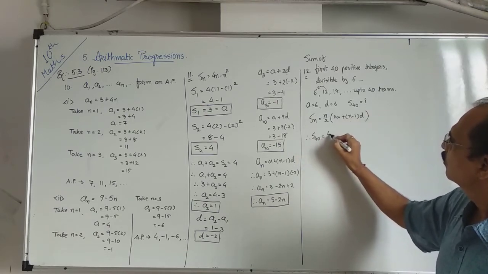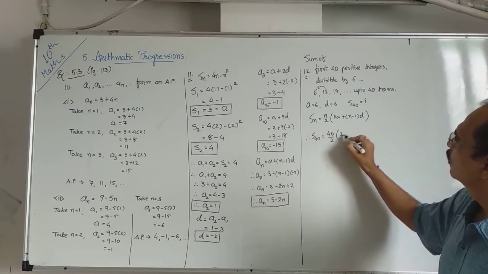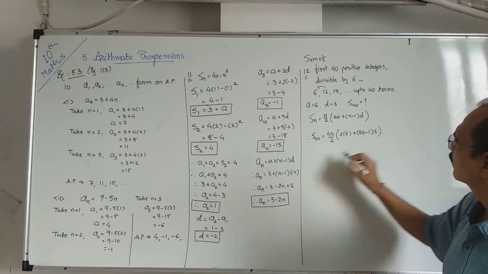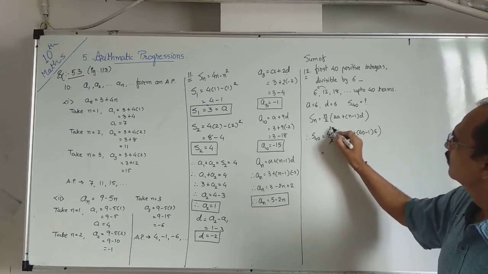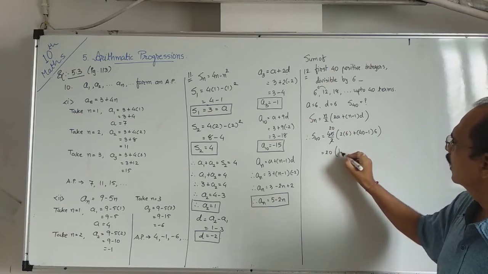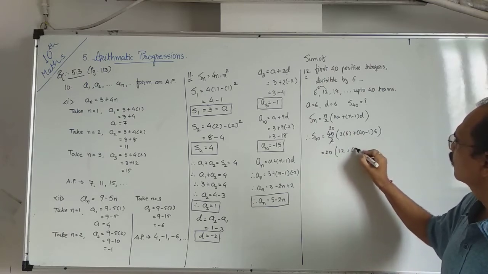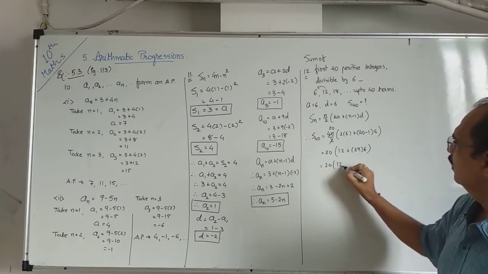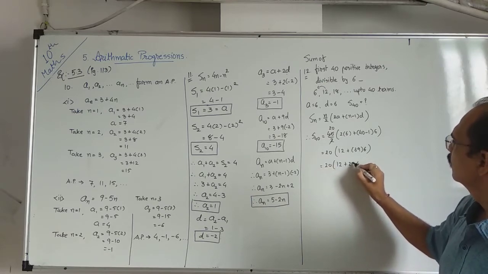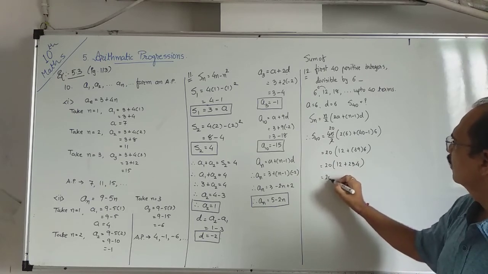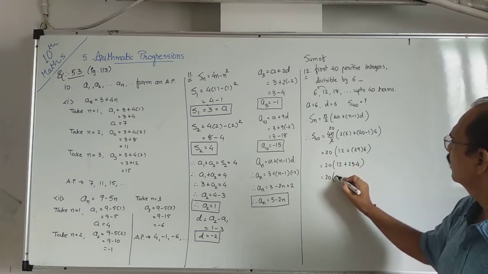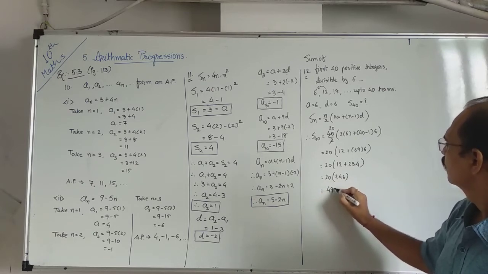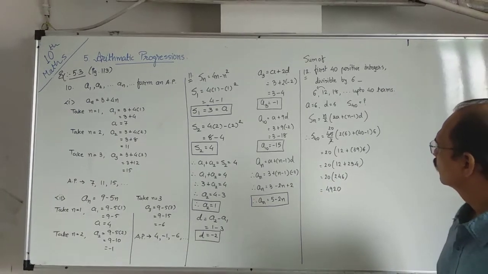S40 equals to 40 upon 2 into 2 into 6 plus 40 minus 1 and d is 6. 2 6s are 12. 40 minus 1 is 39 into 6, which is 234. 234 plus 12 is 246. So 20 into 246 is 4920.